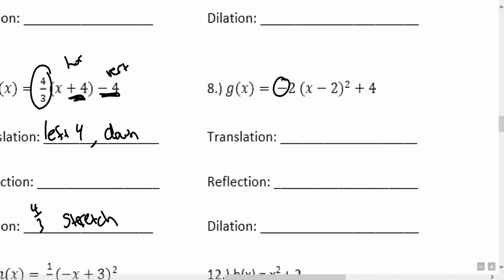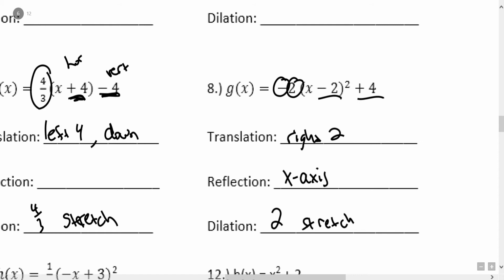Here, the first thing I see is this multiplying by a negative. Multiplying by a negative means we have a reflection across the x-axis. Because it's outside, it's affecting the y values. This 2 we're multiplying by, multiplying by 2 means it's a stretch. It's bigger than 1. -2 inside means we're moving to the right. Plus 4 on the outside means we're going up 4.